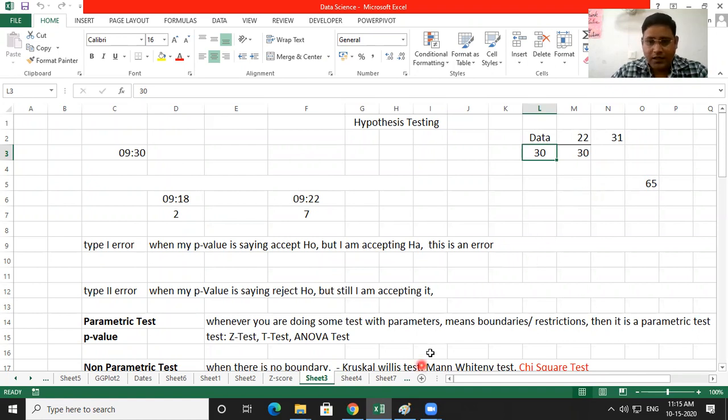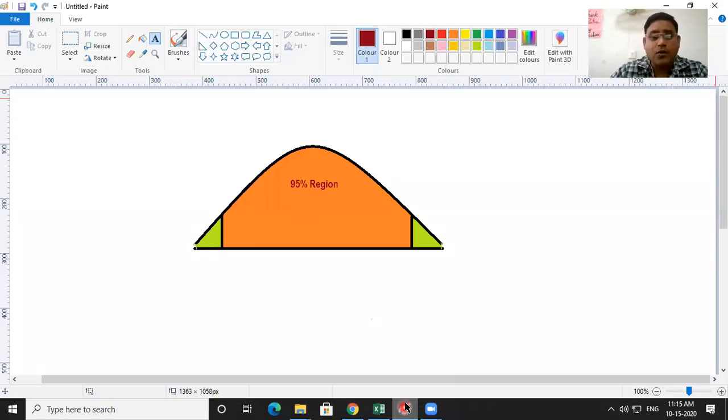Okay, and that is if we see this graph. So we use probability distribution curve. To find out the future, we use probability distribution curve. And this region is my 95% region. So we all know what is our level of confidence and our level of significance. So now here, this is my level of significance, this green area.